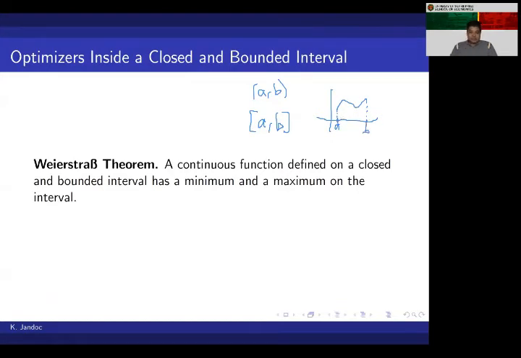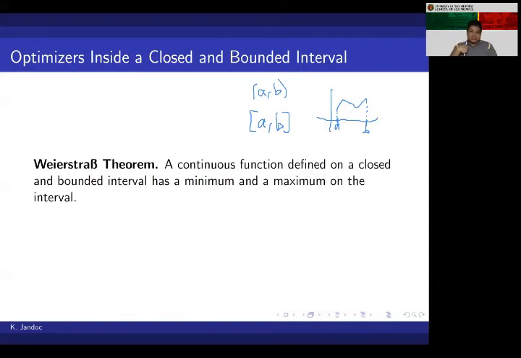So let's examine the case when your domain is a closed and bounded interval, and we'll try to find optimizers within that interval. A very important theorem, the Weierstrass theorem, says that if you have a continuous function on a closed and bounded interval as a domain, then it has both a maximum and minimum on that interval.